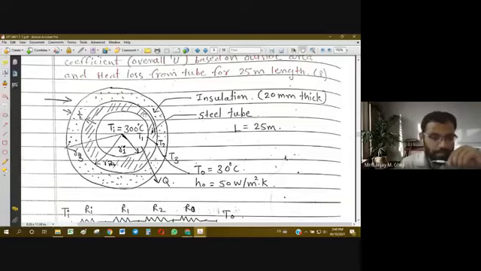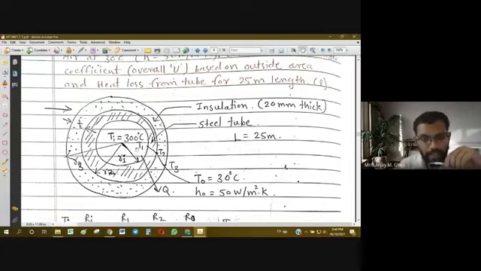So let us put up the given values here. Inside it is gas, so Ti, the inner temperature of the gas, is 300 degrees Celsius, and on the outside it is air, so To equals 30 degrees Celsius. Now we have three radii here. One is Ri, or let us say R1, that is the innermost radius. Then R2 is the outer radius of the steel tube and the inner radius of the insulation.